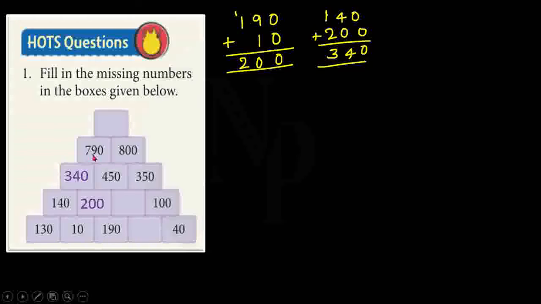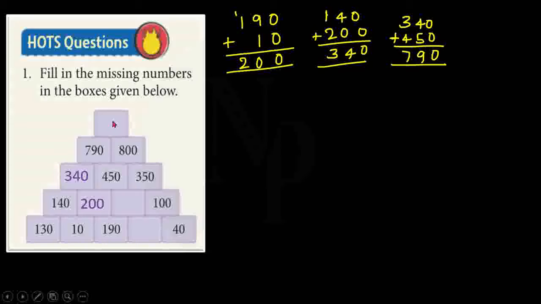You may verify this. So 340 plus 450. 0, 4 plus 5 is 9, 3 plus 4 is 7. You get 790, which is printed in this box.